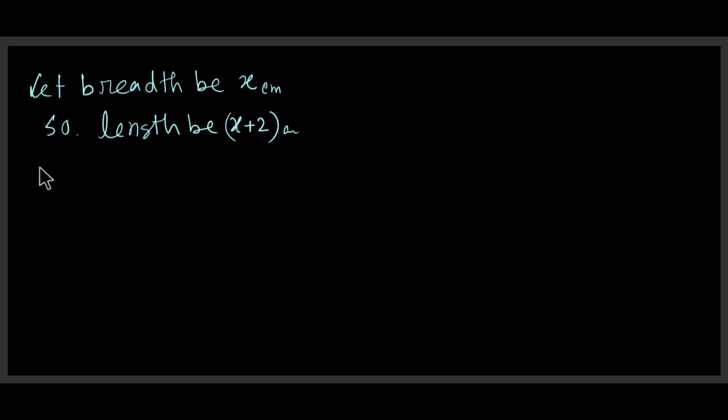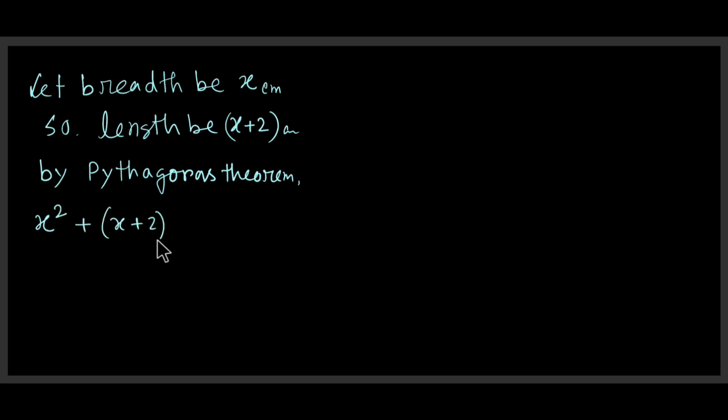So by Pythagoras theorem, we can write that x square plus (x plus 2) whole square is equal to hypotenuse square, which is the diagonal of the rectangle, is this.